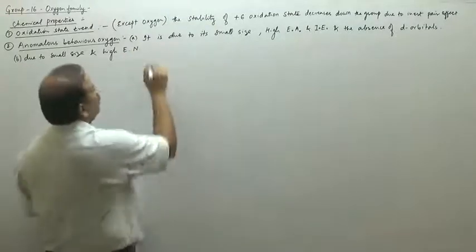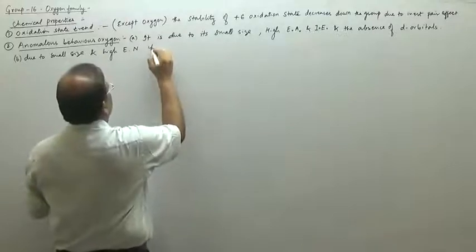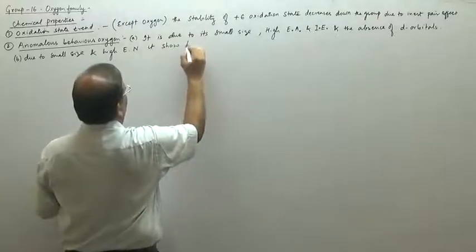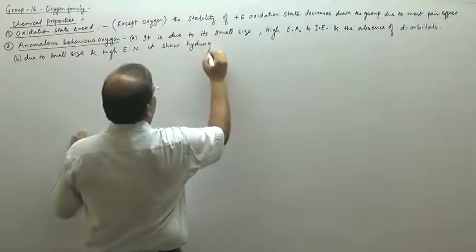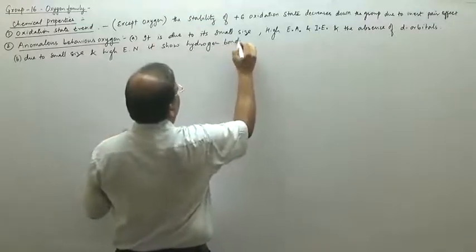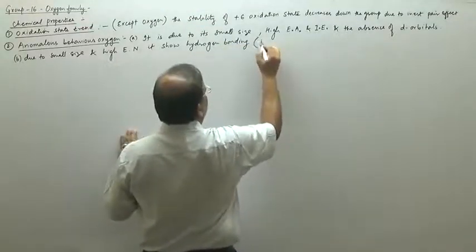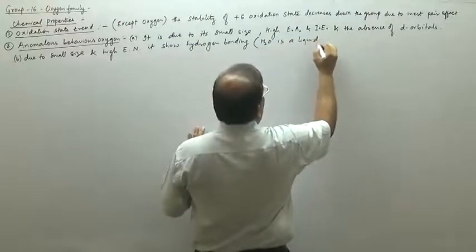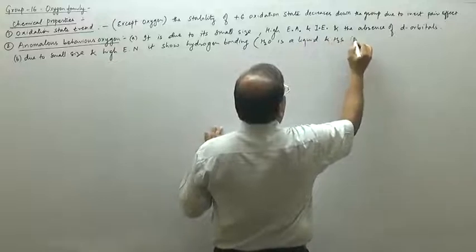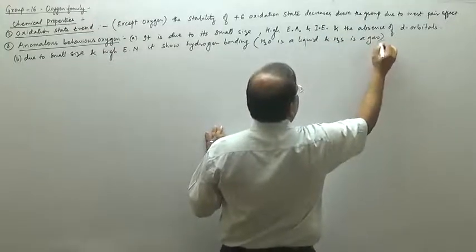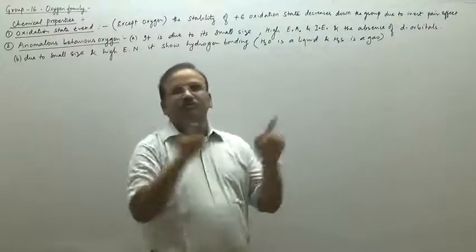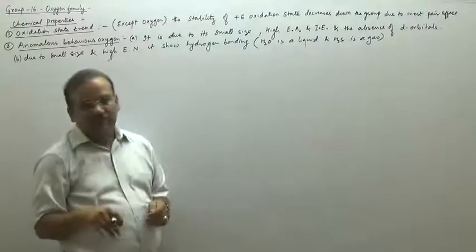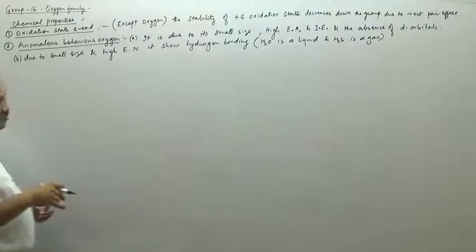The oxygen has the ability to show hydrogen bonding. So that was the reason we said that if it shows hydrogen bonding, H2O is a liquid due to hydrogen bonding, and H2S is a gas because H2S cannot show hydrogen bonding, the particles just remain apart from each other. So that is one of the anomalous behaviors of oxygen.